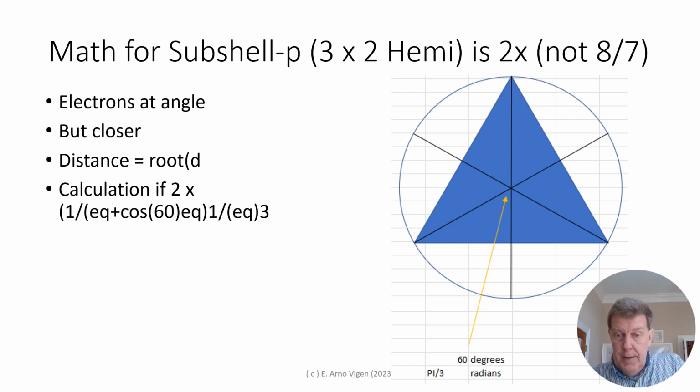Basically, you're going to have 3 electrons, but we want it to be right in the middle, so I can pretty much divide this into 6. So 360 degrees divided by 6 gets you 60 degrees for that angle, or 2 pi divided by 6 is pi over 3 radians.